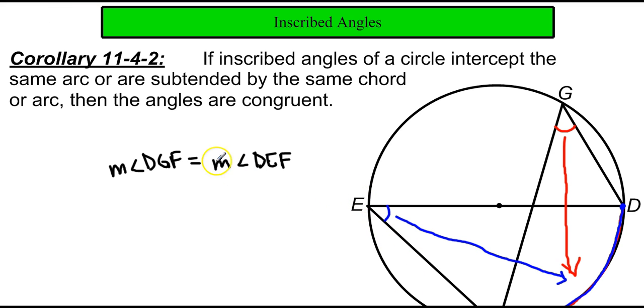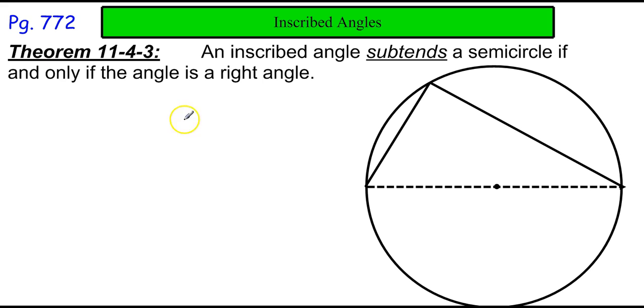The next property we want to look at is what happens if we have an inscribed angle that projects to a semicircle, in other words, an inscribed angle whose endpoints create a diameter of the circle. There are a bunch of different ones you can draw.